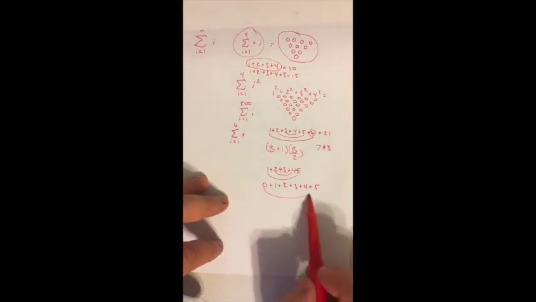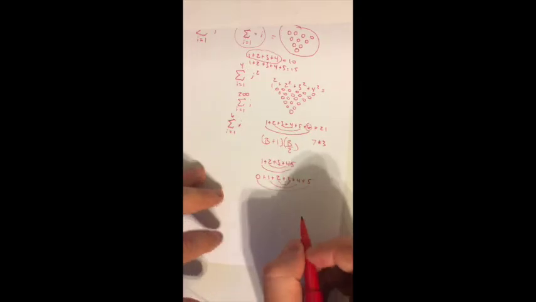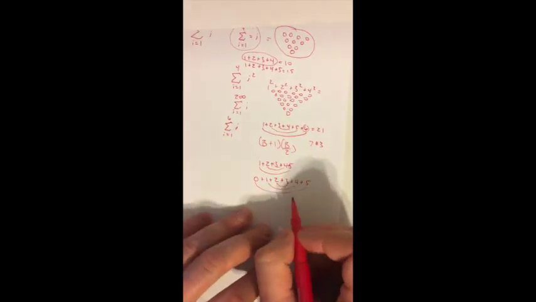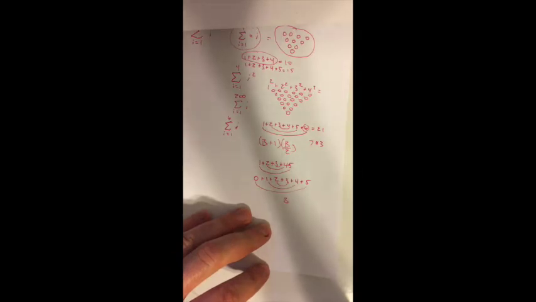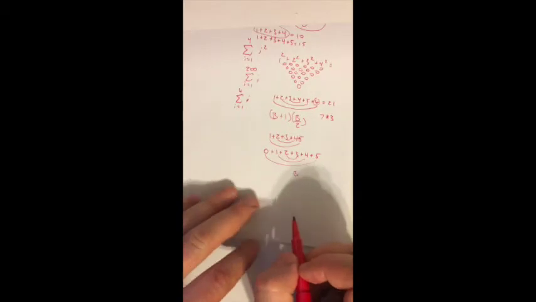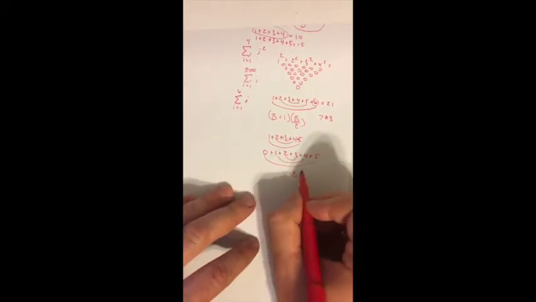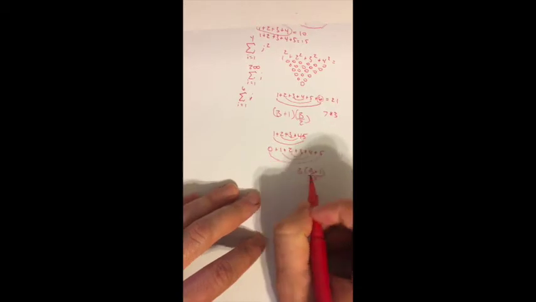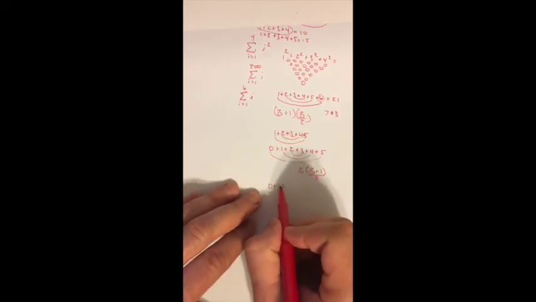Well, that'd be 5 times 3, which would be the big number. And we're not adding the 1 this time. But how did we get 3? That's just 5 plus 1 divided by 2. And let's see if that works with, I don't know, 7.